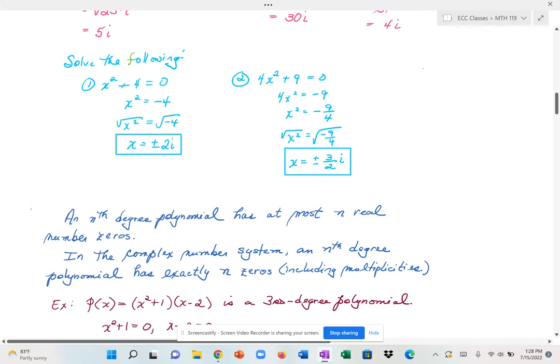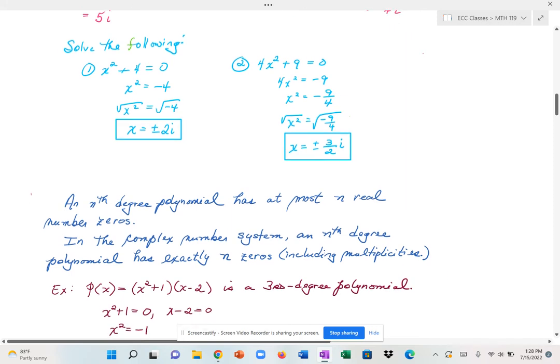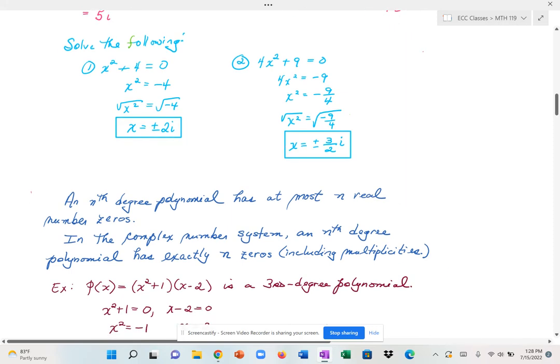So in this polynomial here in brown, I have p of x is equal to x squared plus 1 times x minus 2. If I were to multiply this out, this would be a third degree polynomial. So I expect to get 3 zeros. They may be real, they may be complex, or I might have a combination of both, but no more than 3.